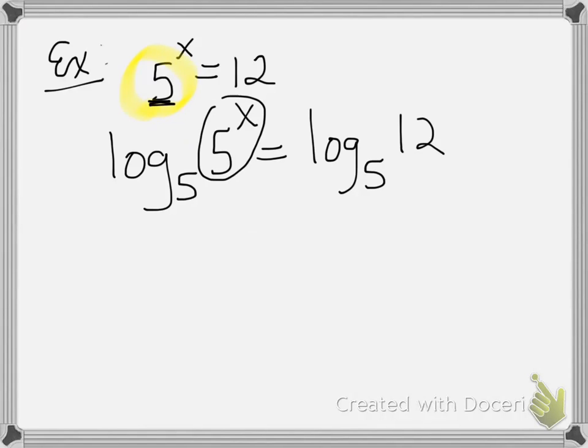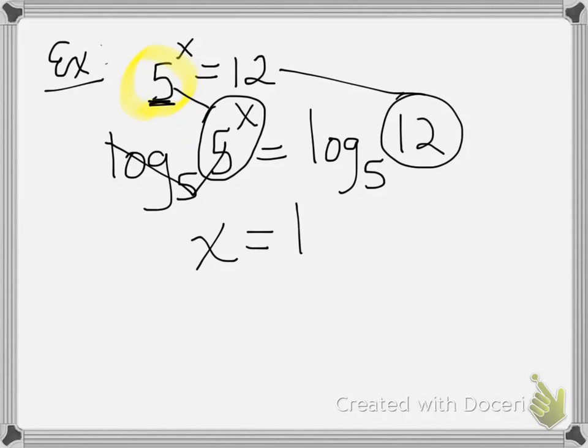This part, the 5 to the x and the 12, that's what we had to begin with, and the log base 5 that we put on both sides is what we're using to get rid of it. Now log base 5 of 5, those cancel each other and leave x. And on the right side we have log base 5 of 12.